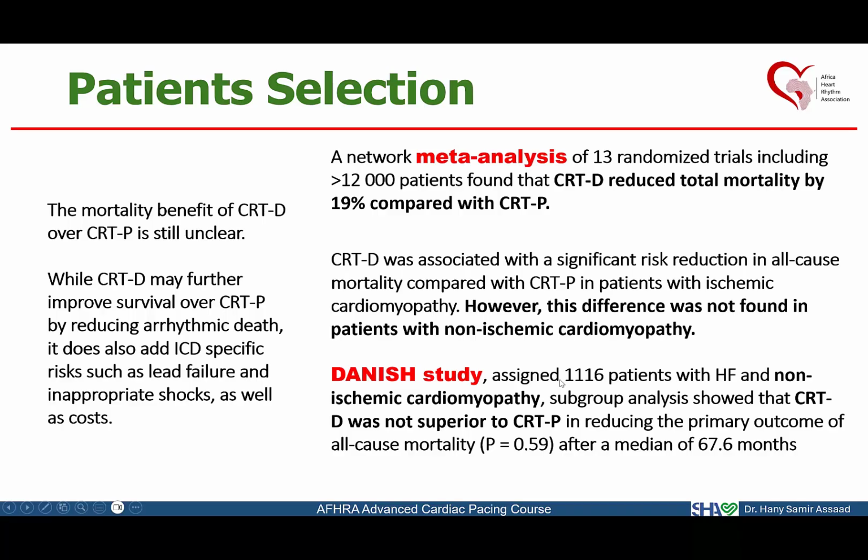On the other extreme, the Danish study with more than 1,100 patients showed that in non-ischemic cardiomyopathy, there was no superior mortality suppression or prevention in patients having a CRT-D versus those who had a CRT-P. So the mortality rate or prevention was the same in the two subsets.